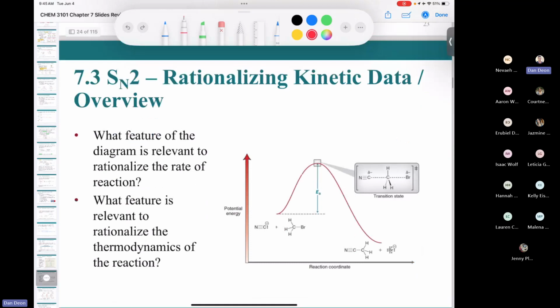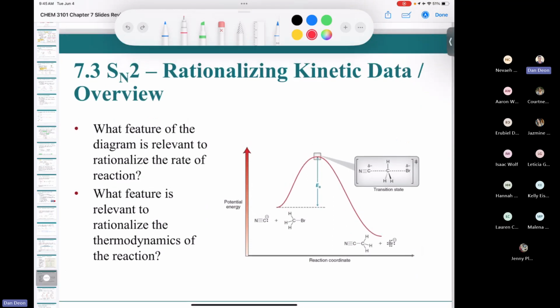So if we take a look at a reaction coordinate diagram of what's happening, this is the reaction between methyl bromide plus cyanide, which gives you acetonitrile plus the bromide ion. So again, this is an SN2, right? This is a methyl, methyl bromide, that's your electrophile.